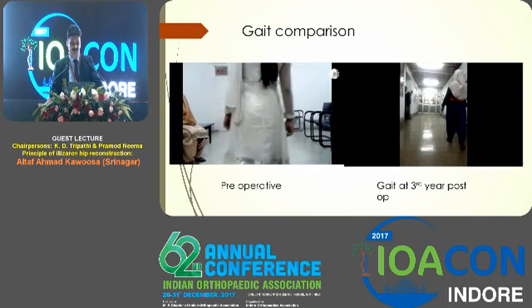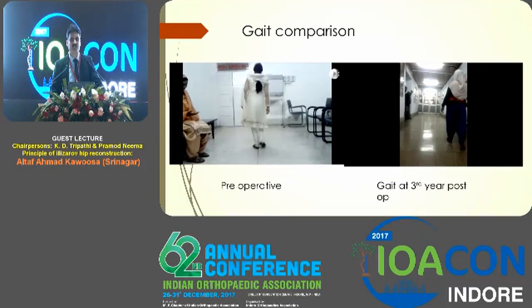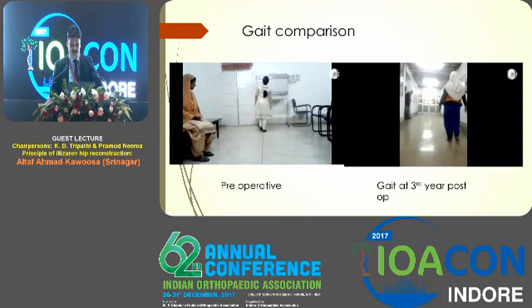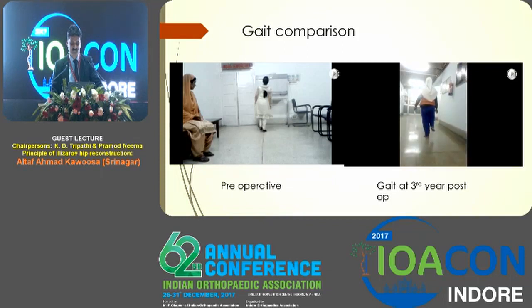Preoperative gait, and gait at 3 years. Effective biomechanics of hip.